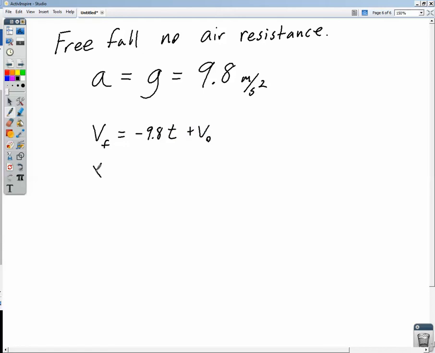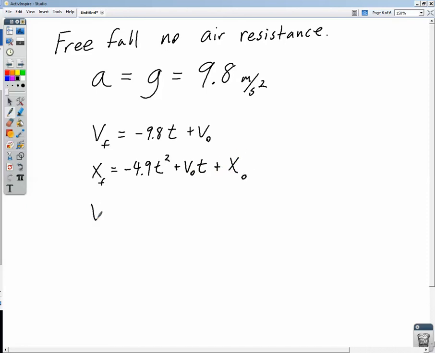And also we could say x final is equal to negative 4.9, because that's half of a, t squared, plus v naught times t plus x naught.